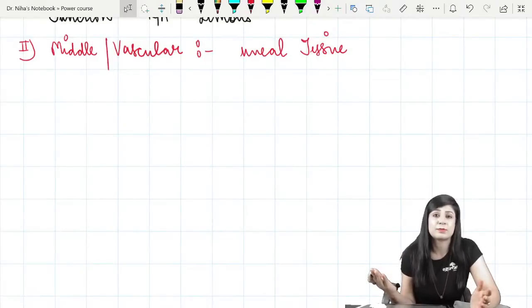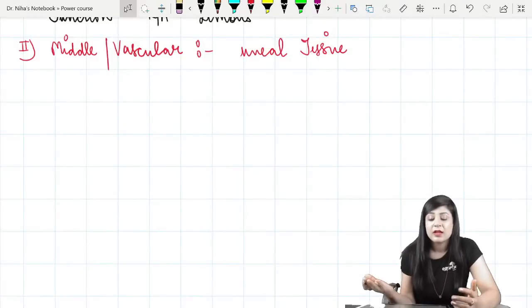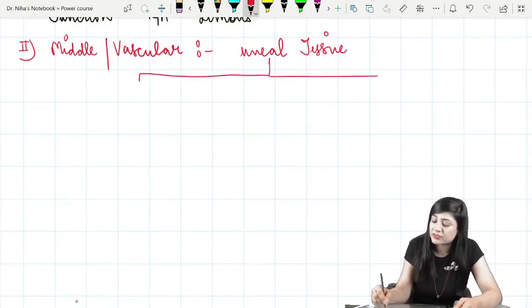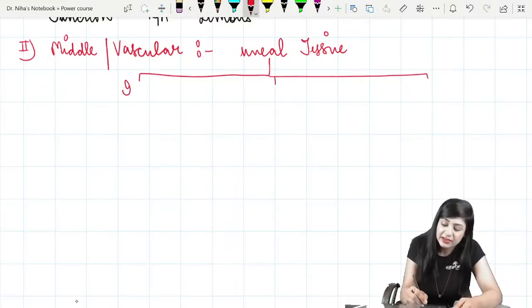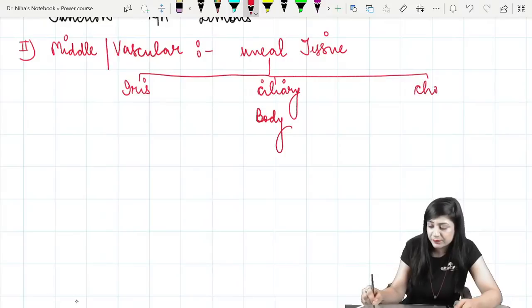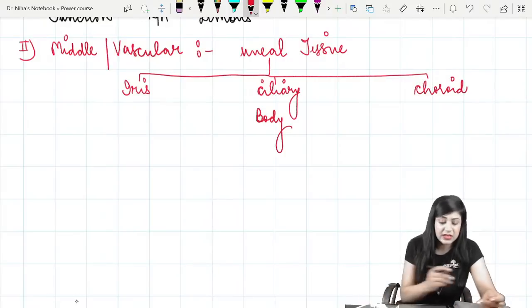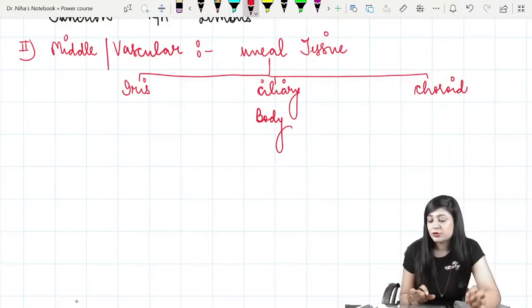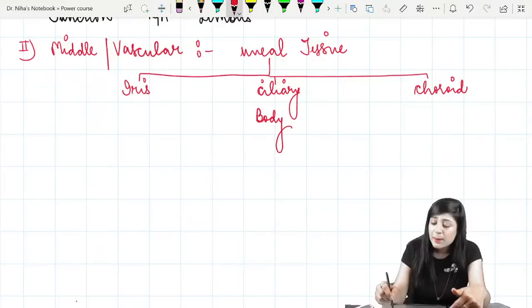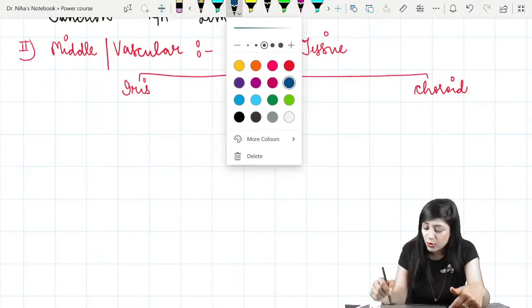Every time you talk about the uveal tissue, you will remember that this is middle coat, red in color, supplying the blood. And this uveal tissue consists of 3 things: iris, ciliary body and the choroid. So there are 3 parts in the middle coat.